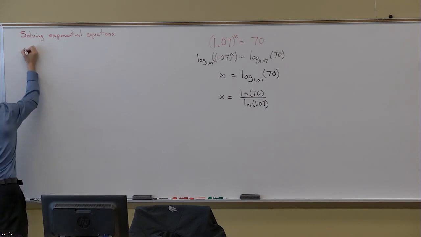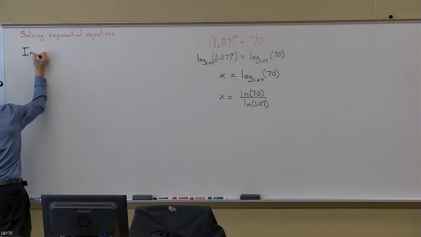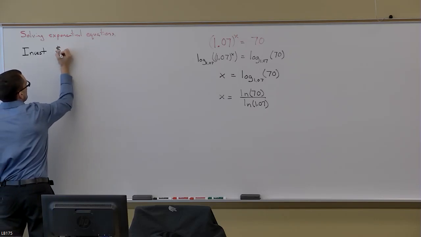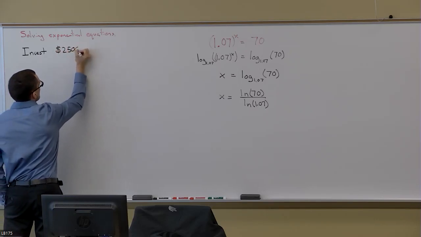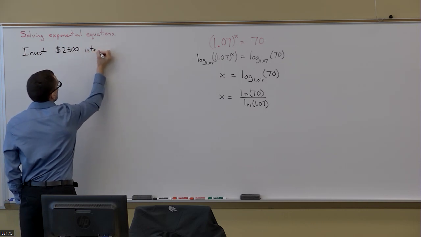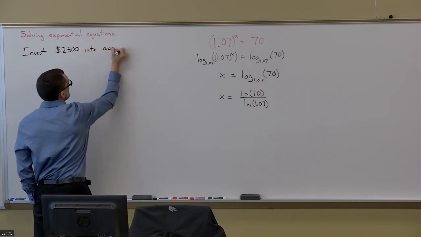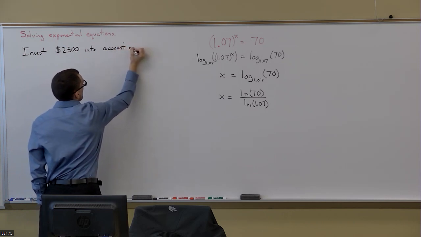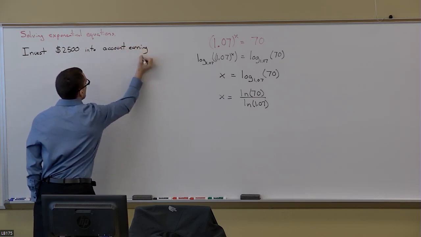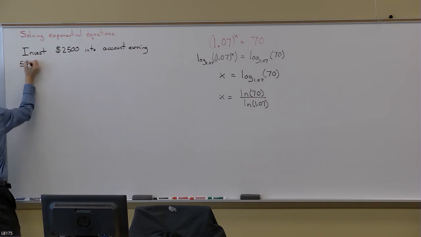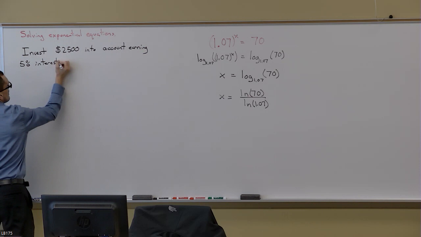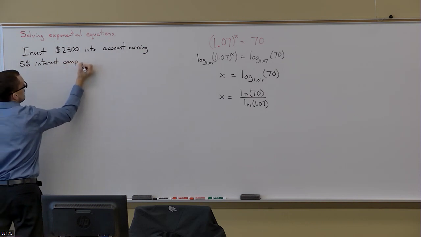Let's say we invest $2,500 into some account earning 5% interest compounded monthly.